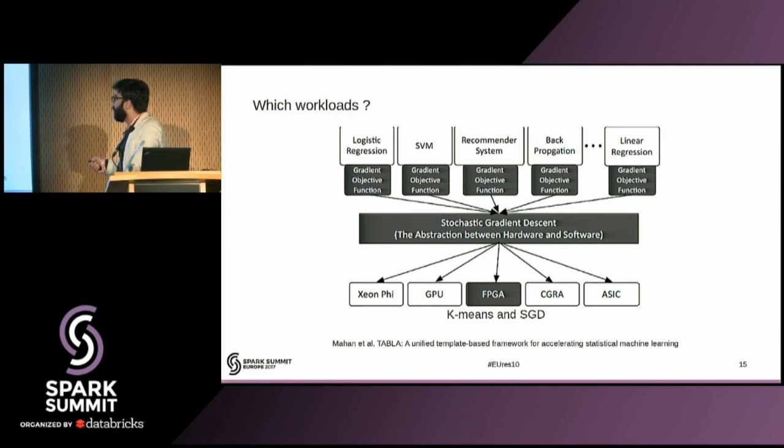They have very different objective functions, but they all have gradient objective functions, and you train them with stochastic gradient descent. If you could map the stochastic gradient descent onto the FPGA, you could accelerate this range of applications. The assumption is that stochastic gradient descent is programmed in the iterative MapReduce programming model.